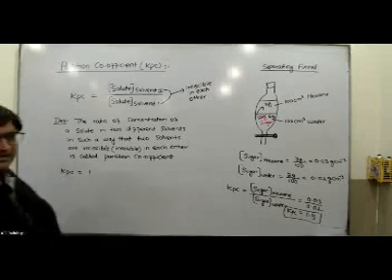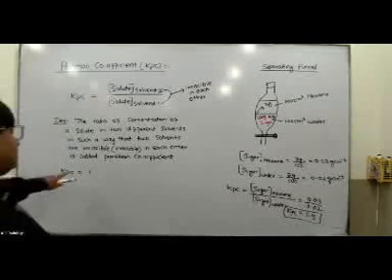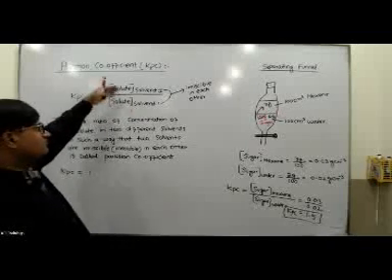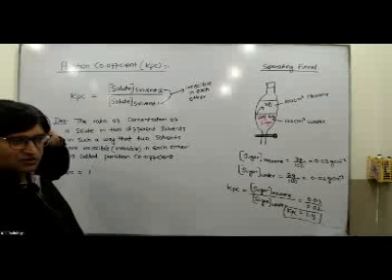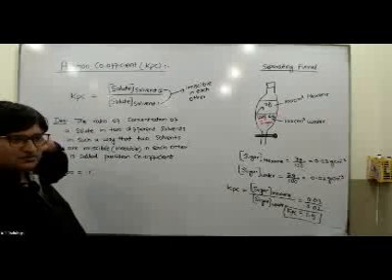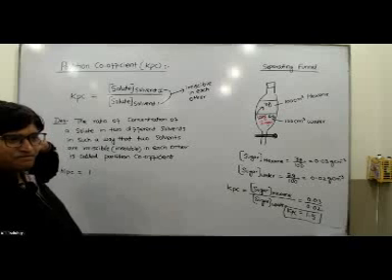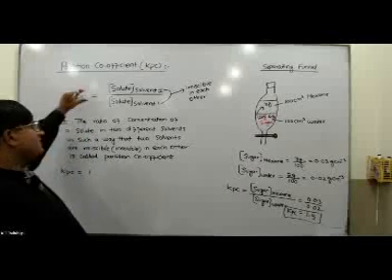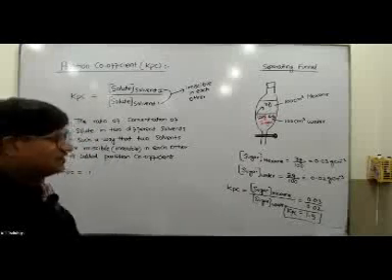Can you please tell me when you get the answer 1 for the concentration of the solute in two different solvents? When do you get the answer 1? Any guess? When you get the Kpc... Sir, same concentrations. Thank you so much, my dear.